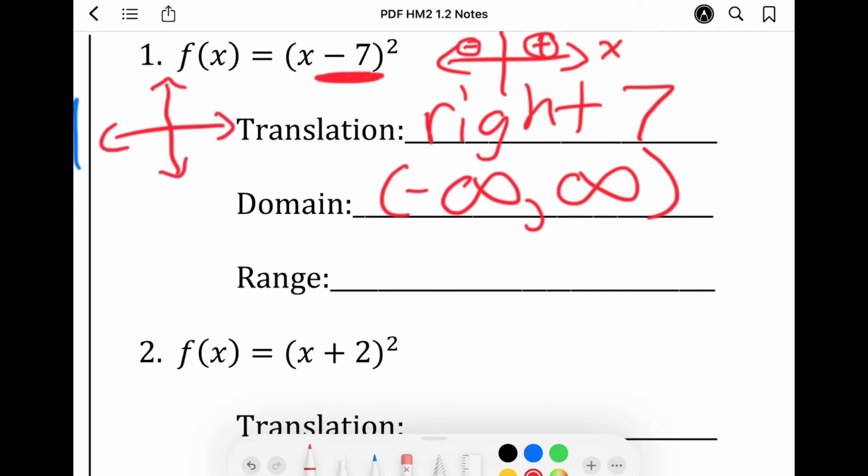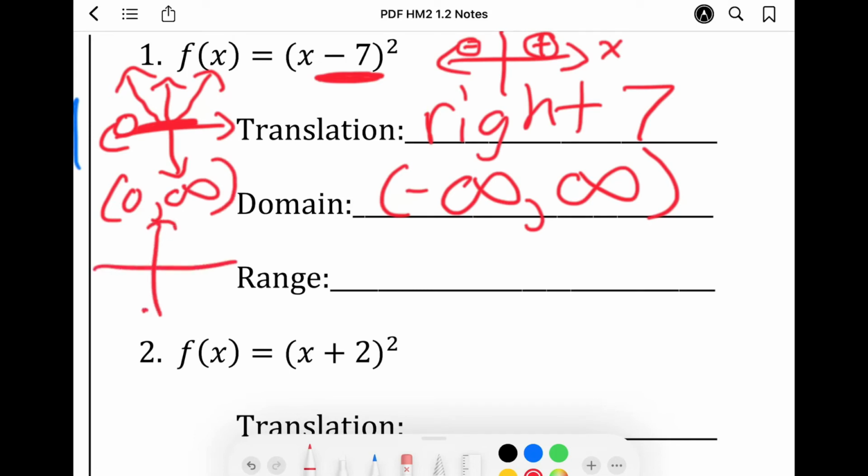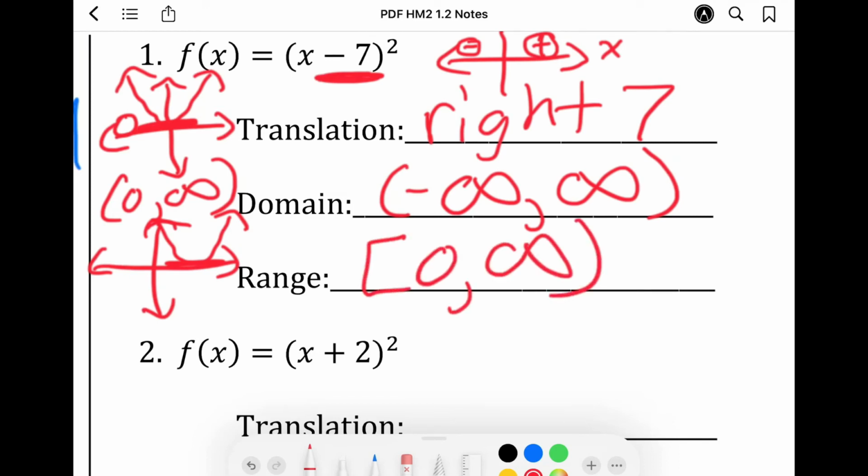And then our parent function, our range, was 0 to positive infinity. Well, if we move right, and it looks something like this, does our lowest y value change? No. So it's still 0 to positive infinity.